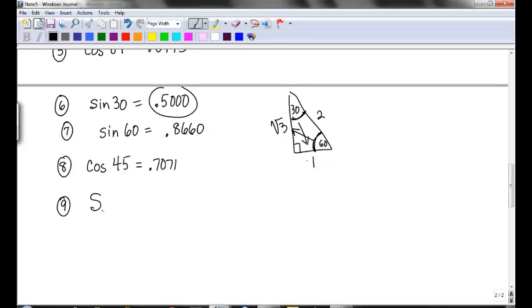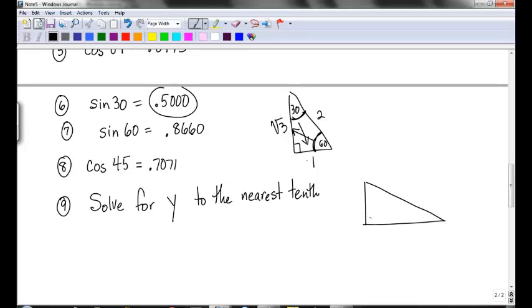Okay, let's say they ask you to solve for y to the nearest tenth. You got to follow their directions to the nearest tenth. And let's say I give you this triangle. Say this is side y. This is angle 7 degrees. And this hypotenuse is 60.